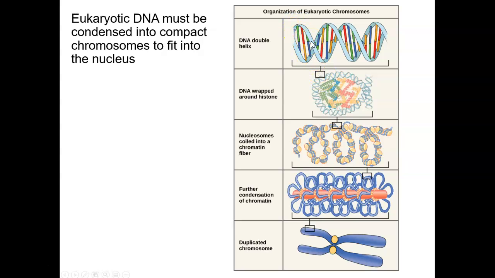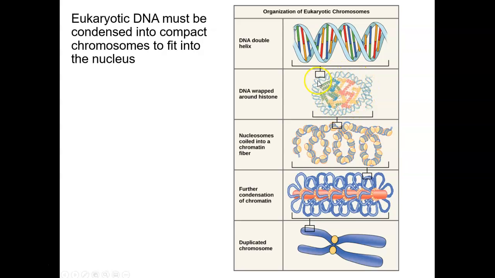Here's the DNA double helix, so we're looking at what it looks like, but this is only a tiny bit of it. It gets wrapped around something called a histone, or a series of proteins, and then you have multiple ones of these.